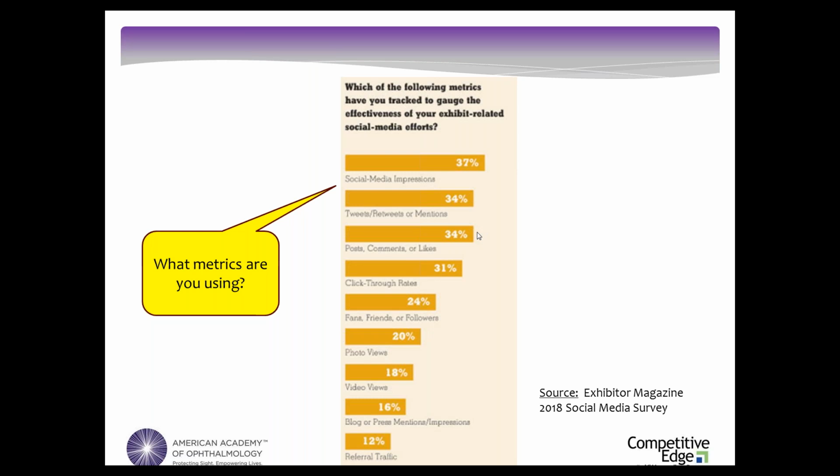They were trying to track how many people were retweeting or mentioning them. And tied for number 2 was the number of posts, the comments or the likes, people that were actually adding comments or liking the post. And number 3 was click-through rates. Specifically, if you're putting call to action tags in your posts, which we strongly recommend, then click-through rates are something they're really watching.